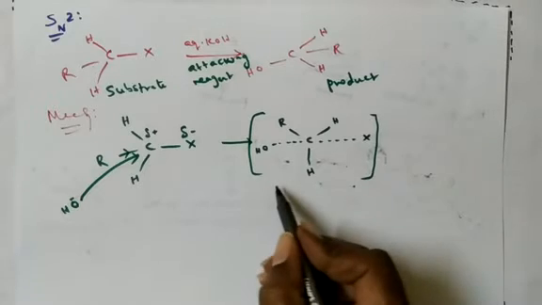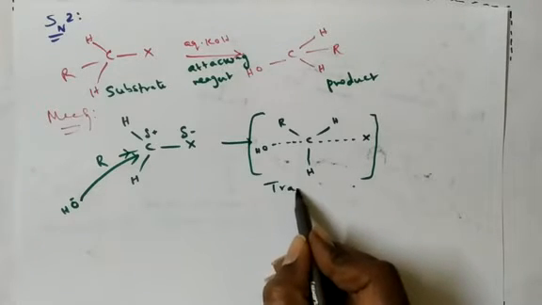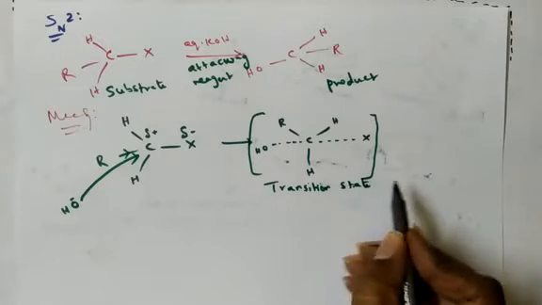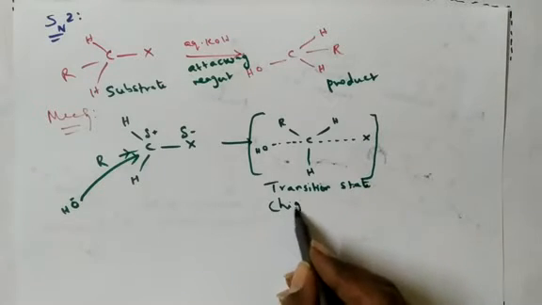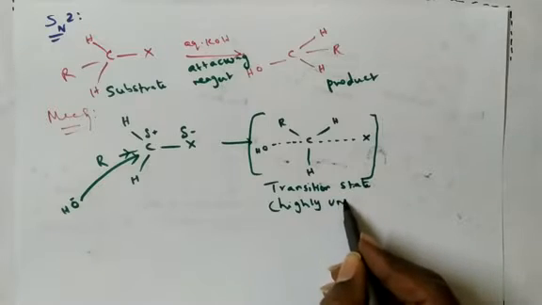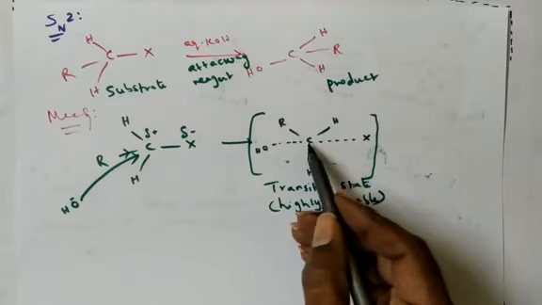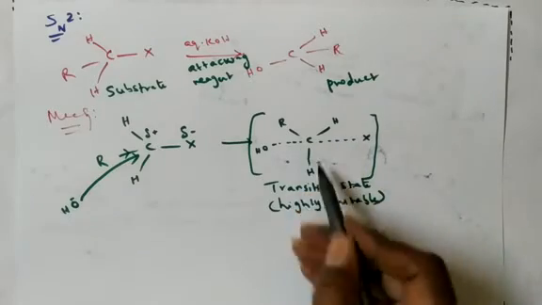This is called a transition state. It is highly unstable because it looks like carbon having five valencies.